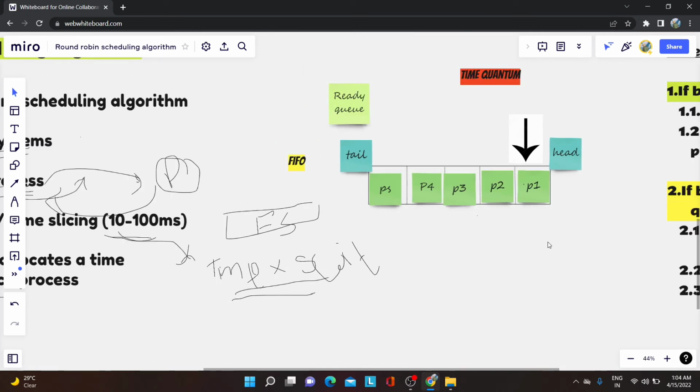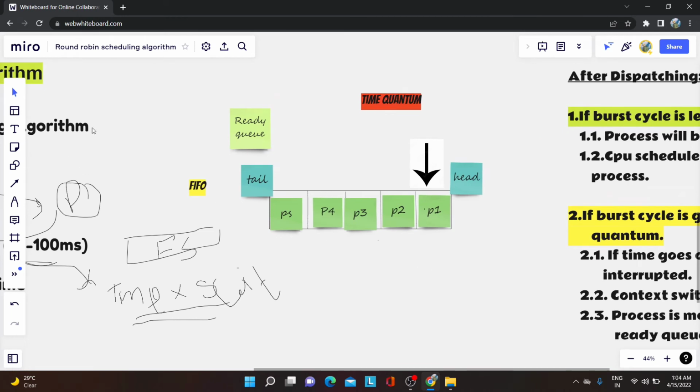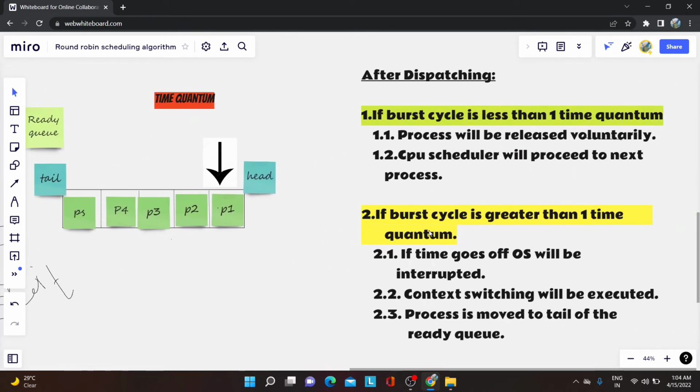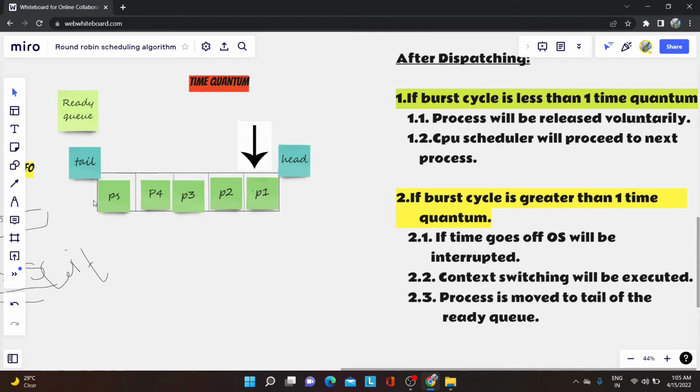There are two possible cases. What if the burst cycle is less than 1 time quantum, and what if the burst cycle is greater than 1 time quantum? First of all, let us discuss the second case, because we have to traverse the whole queue, right?